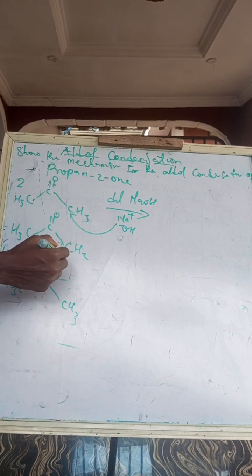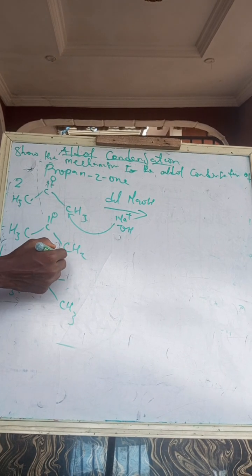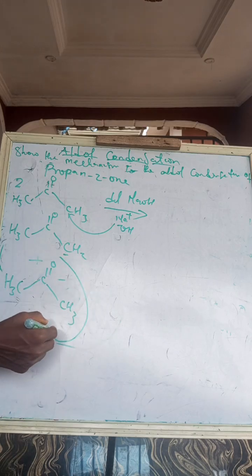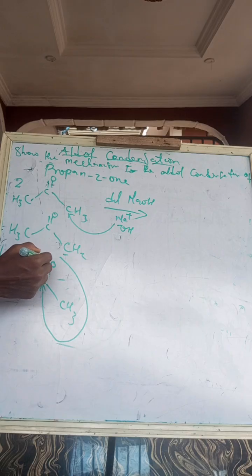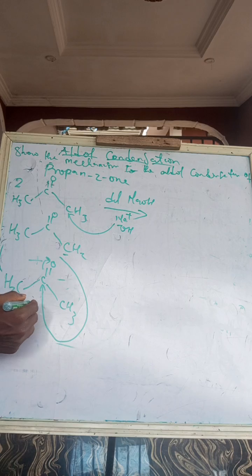Then our enolate would attack the carbonyl group, leading to the delocalization of pi electrons. So we eventually form this.